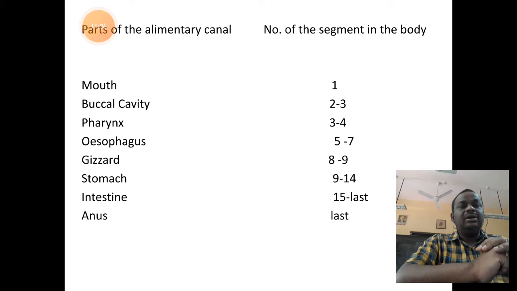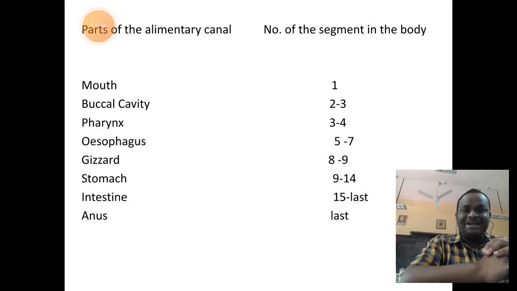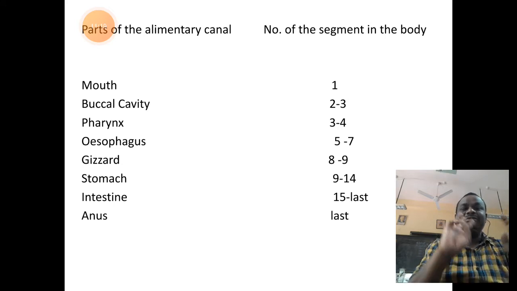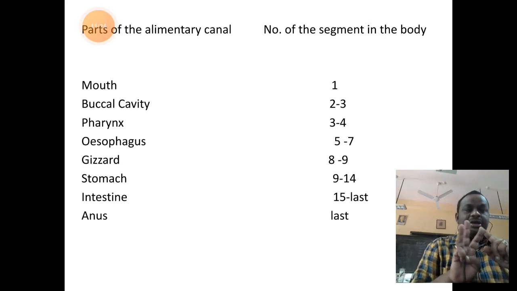Now, the diagram may look a bit complicated, but it is very easy to remember. When you understand the alimentary canal or digestive canal of the earthworm, you will have to remember three important things. Number one, the name of the part of the digestive system.